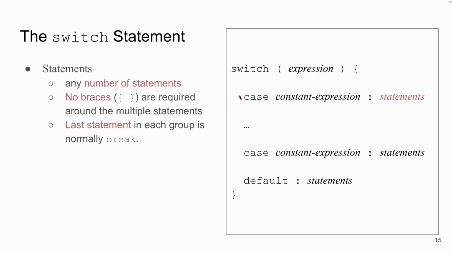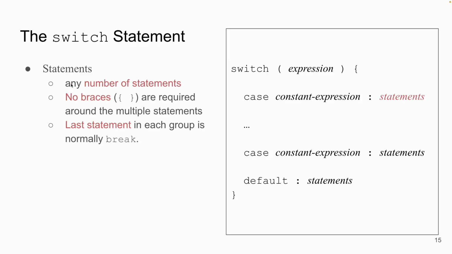After we have the case and constant expression, we put a colon here, and we can put multiple statements for each case. The statement here can be any number of statements.